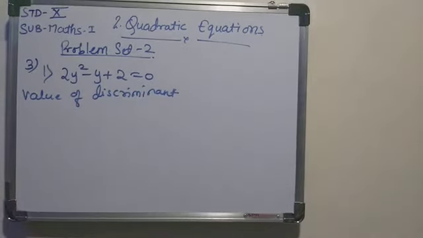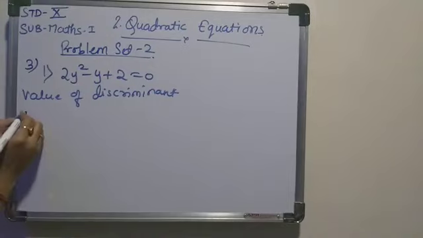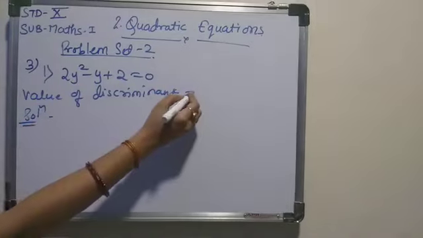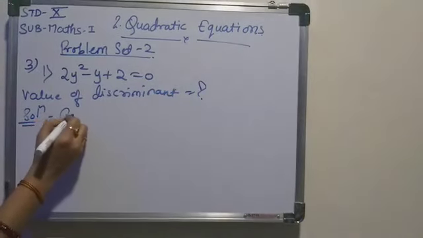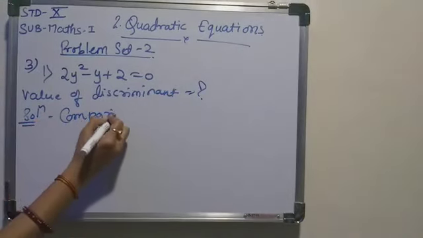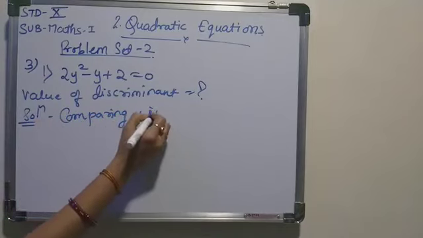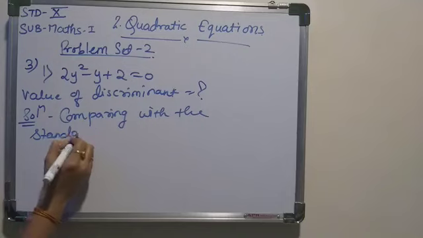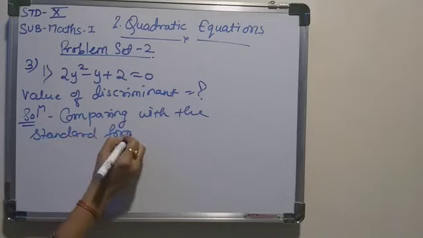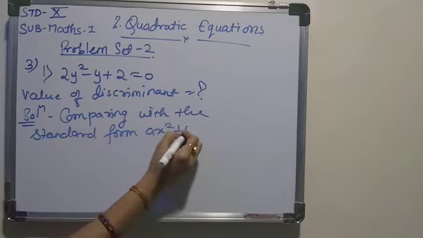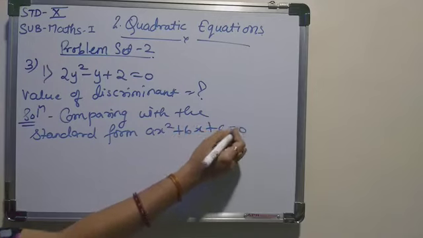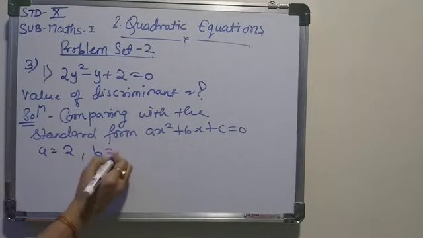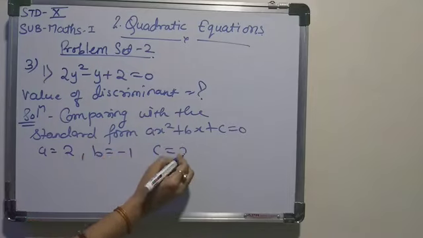First we are going to compare this with the standard form of the quadratic equation, ax square plus bx plus c equals 0. Your a value is 2, your b value is minus 1, and your c value is 2.